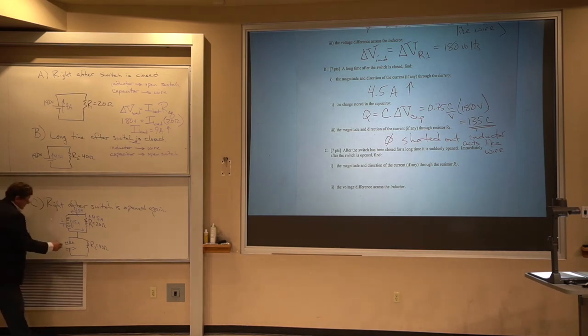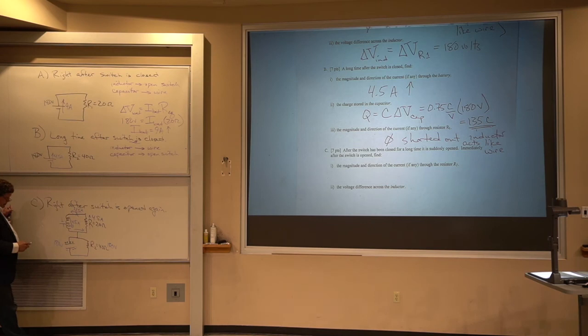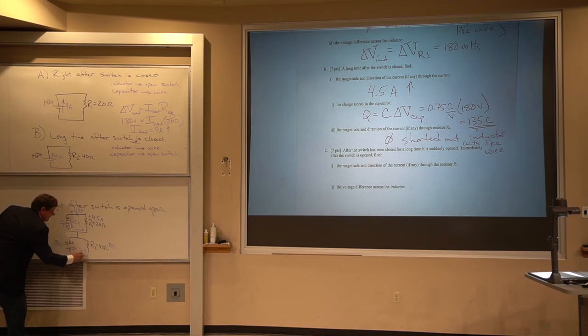Now I also know that this 180 volt capacitor is parallel to this R2. That means I have to have 180 volts across R2. Well, that means I'm going to have 4.5 amps flowing down through R2.